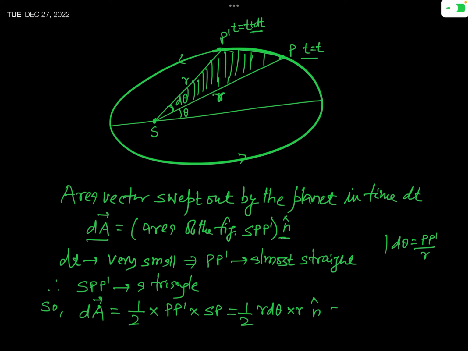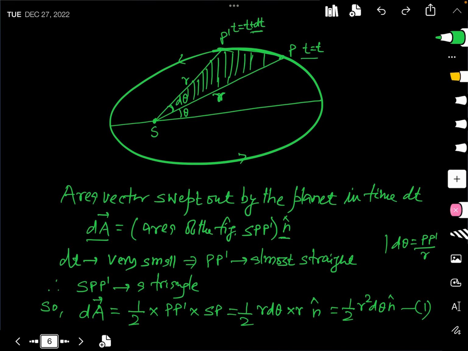And so you can see that this area vector is equal to one over two r square d theta n hat. This is the area described by the radius vector in time dt.